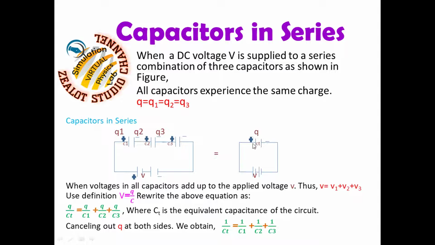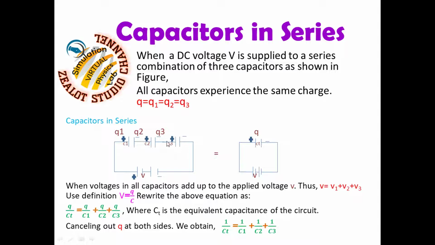And here is the equivalent capacitance. The voltages across all capacitors add up to the applied voltage V. The applied voltage V is equivalent to the voltage across C1 plus the voltage across C2 plus the voltage across C3.